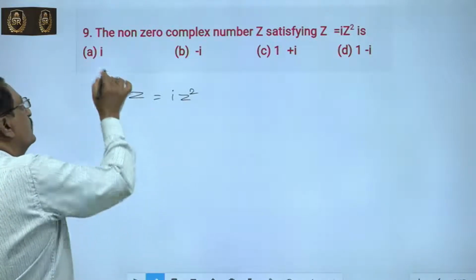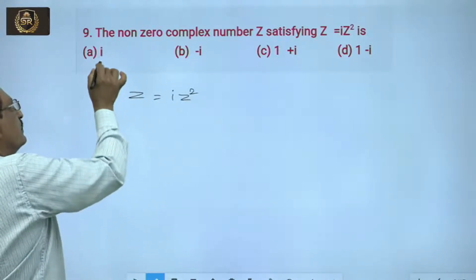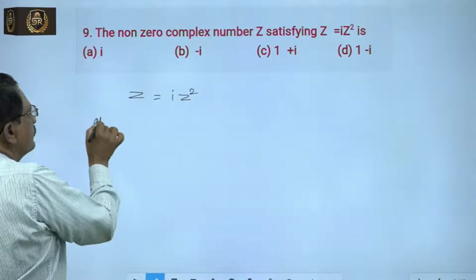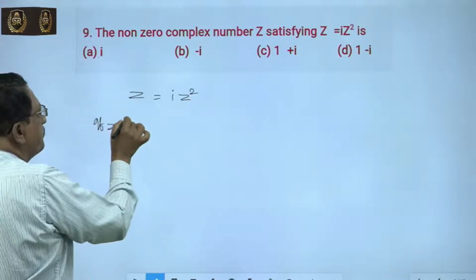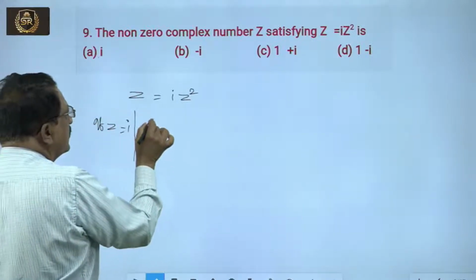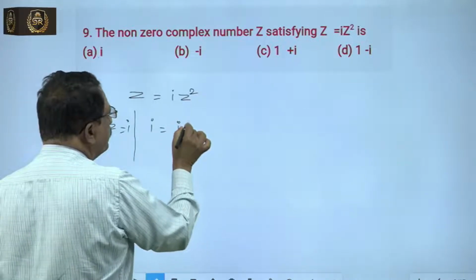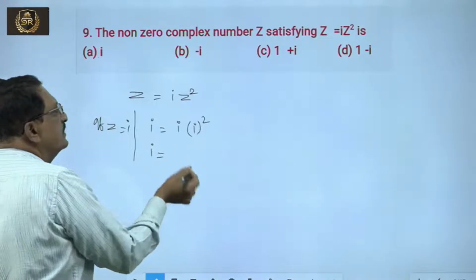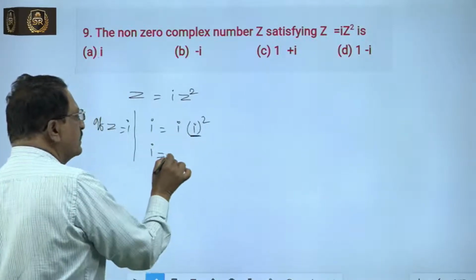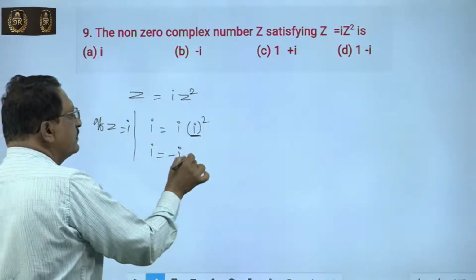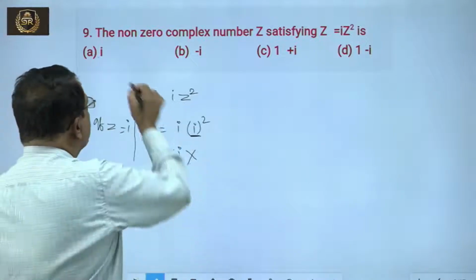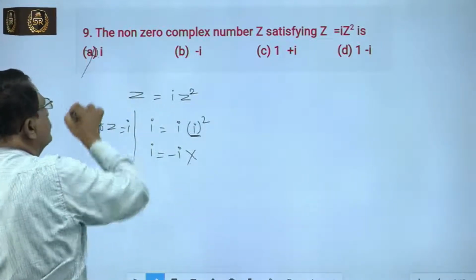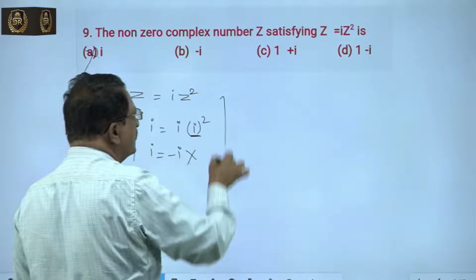Now verify the options. Take the first option, z equals i: i equals i into i square, so i equals i square times i, which is minus 1 times i, minus i. Now i equals minus i is wrong. Therefore the first option is wrong.